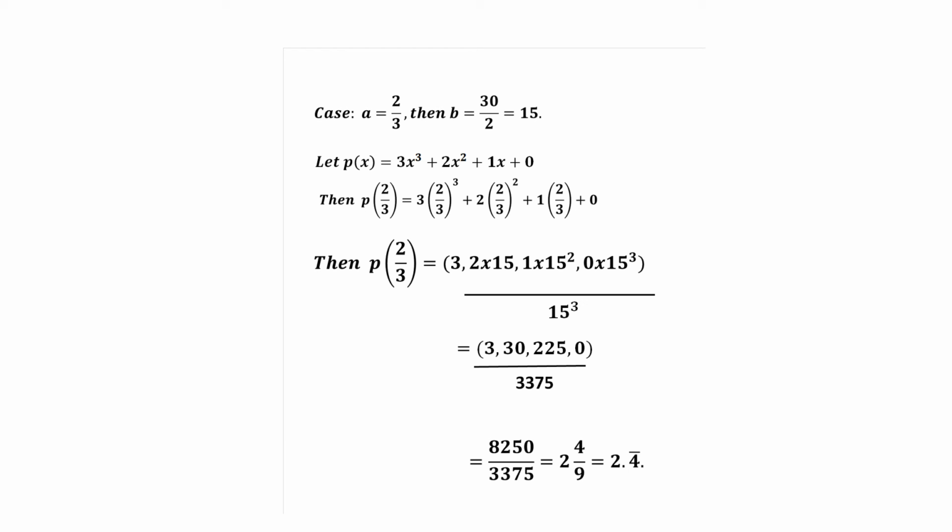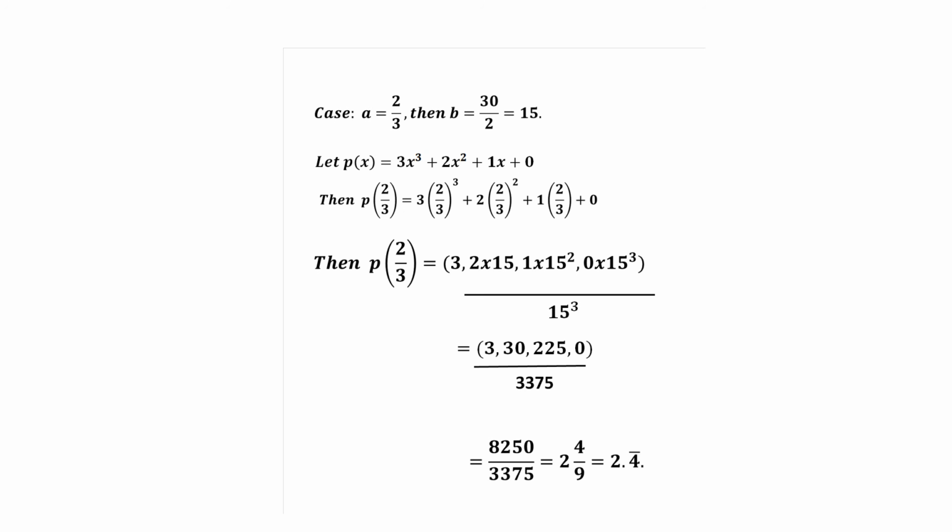Here we have the case a is 2/3. Now, 30 over 2 times 2/3 is 10, and 30 over 2 is 15. So we can do this two ways. We can do p of 2/3 is 3 times 2/3 cubed plus 2 times 2/3 squared plus 1 times 2/3 plus 0.